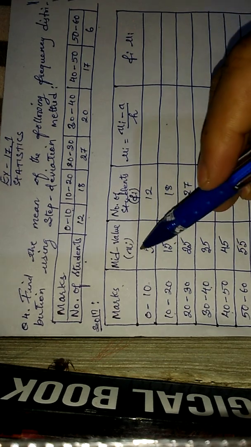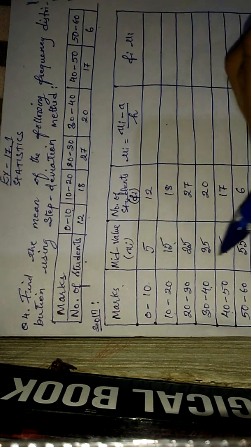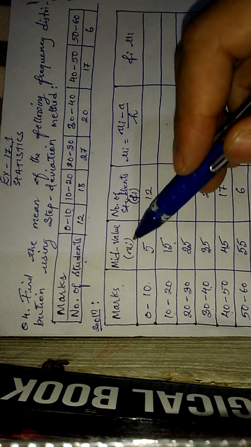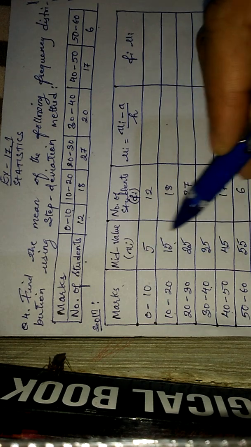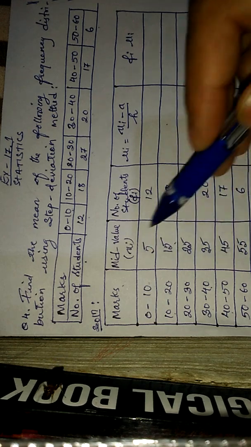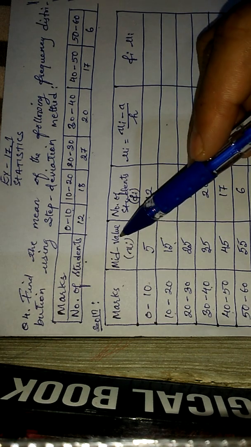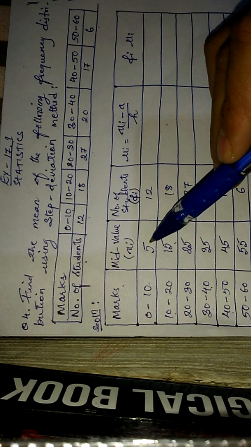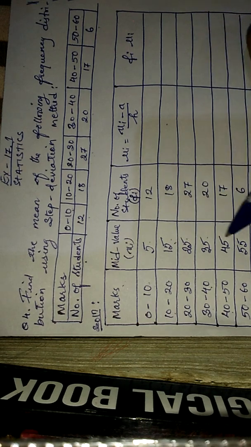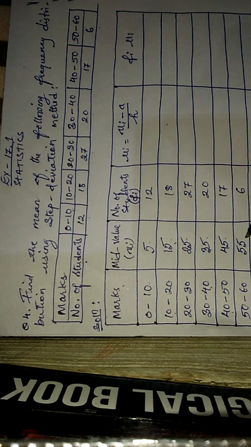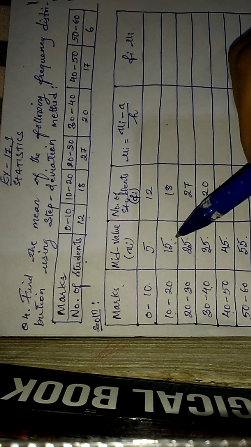Okay. Now from these mid values, we have to assume a value for our mean. How to assume that value? We have to count the mid values. How many mid values are there? 1, 2, 3, 4, 5, 6. From these 6 mid values, we have to take the middle one.